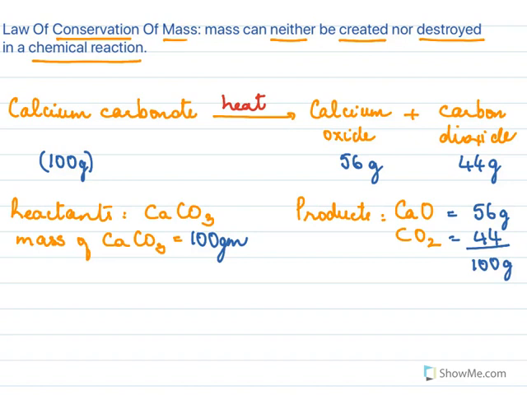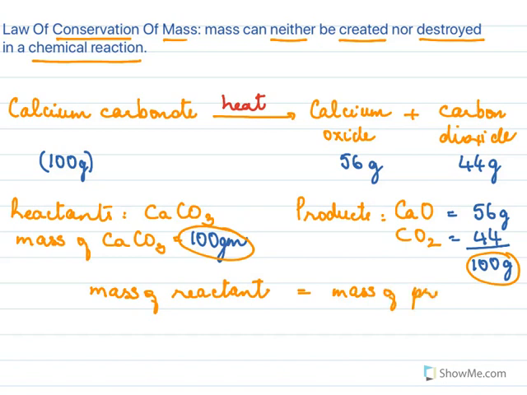So the mass of the product is 100 gram and the mass of the reactant is also 100 grams. So here mass is neither created nor destroyed. So we have mass of reactant equal to mass of product. So in a chemical reaction, mass is neither created nor destroyed, which means mass of reactants is equal to total mass of products.